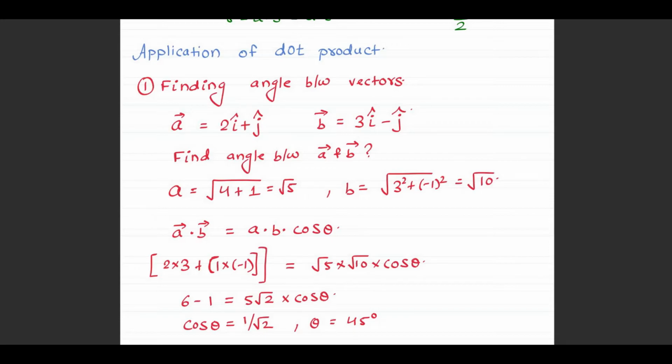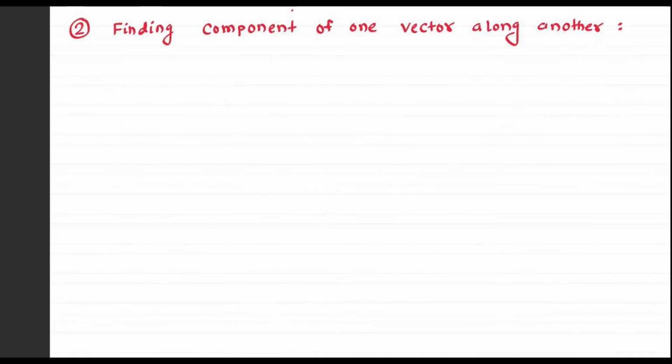So this is how you can utilize dot product for finding out angle between vectors. The next application of dot product is calculating component of one vector along another.